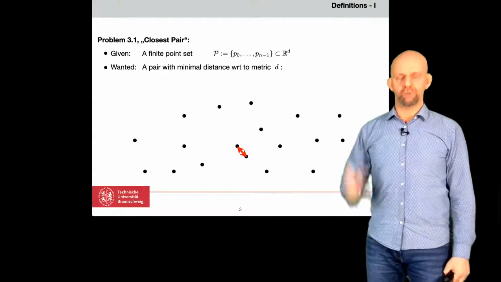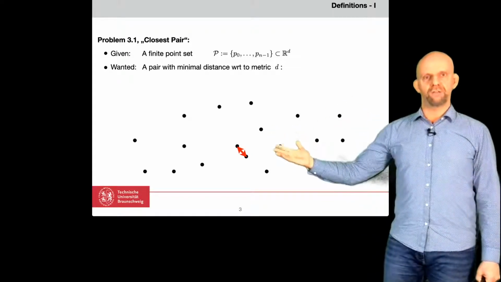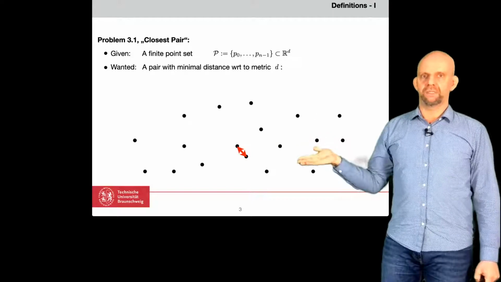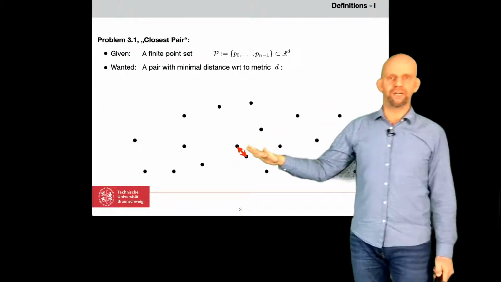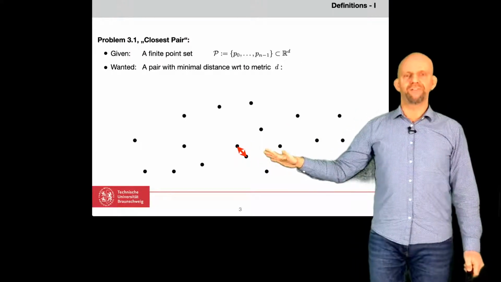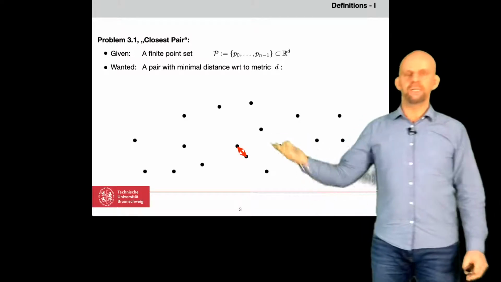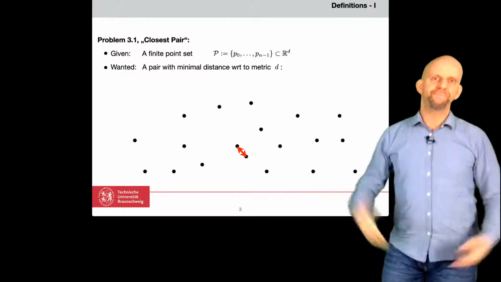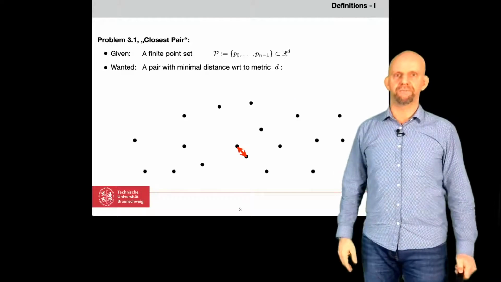Obviously, you assume that you can compute and compare these distances, but getting a quadratic runtime is really easy, doesn't take much. But if you're in data science and you have really, really large sets of points, you definitely don't want to look at all the pairs, because for millions of points, that would be trillions of pairs, and that's definitely too expensive.